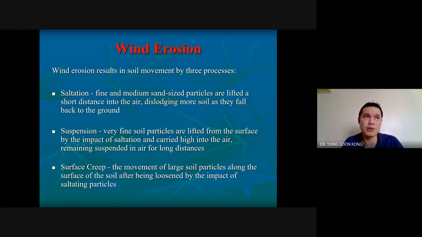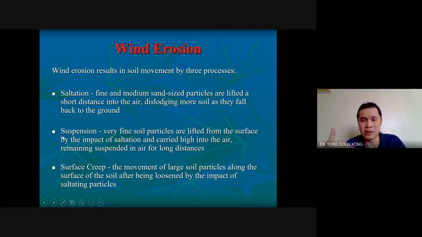Usually saltation happens when you have particles heavy enough that they float up temporarily, and when they come down, they behave just like the rainwater droplets just now. They come down and boom, again, they release and dislodge more soil particles. So that's saltation.